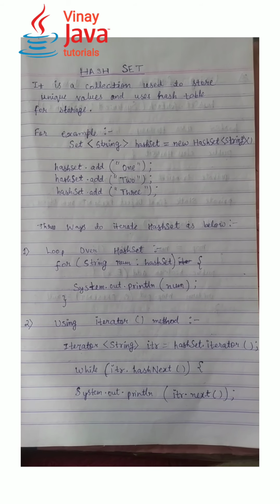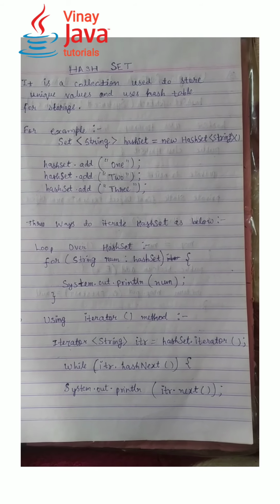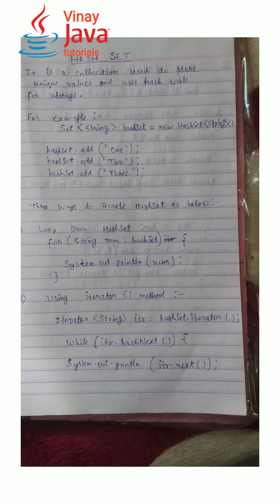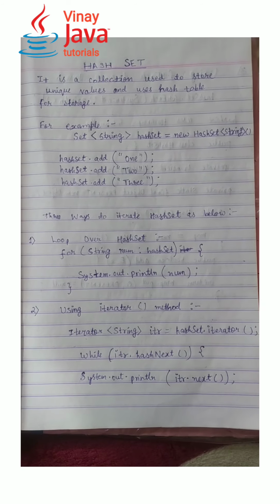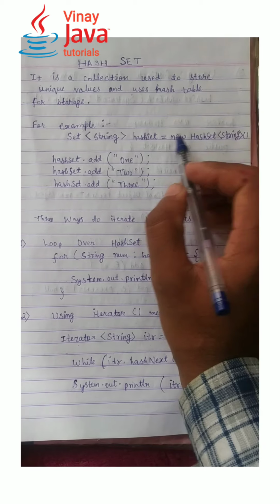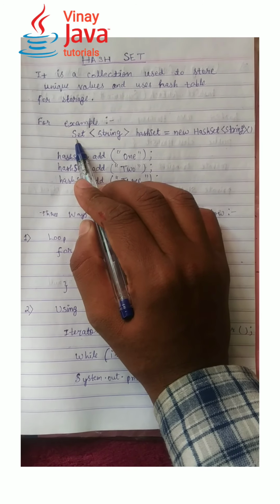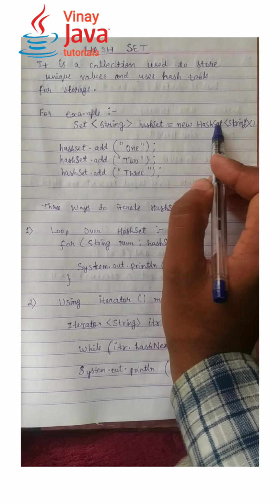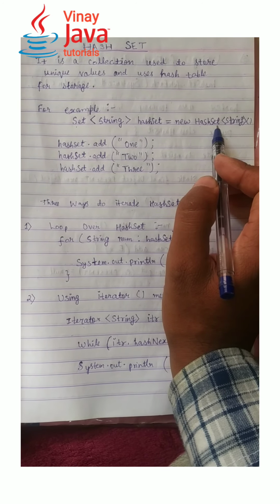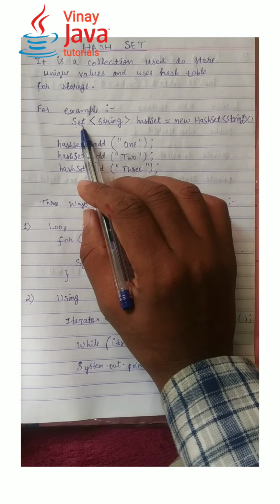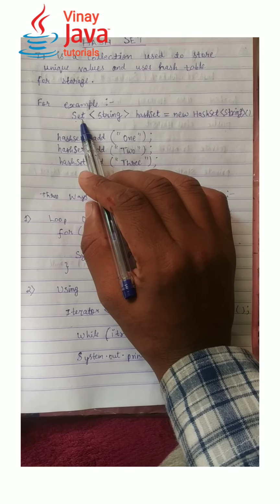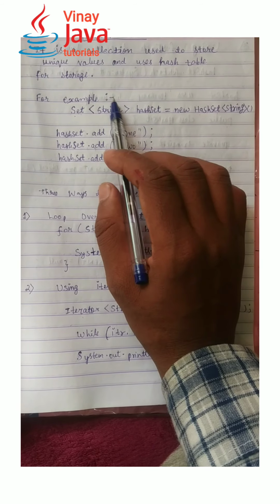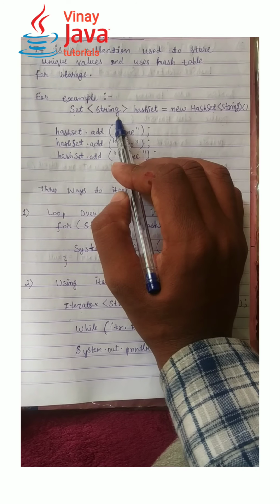Suppose for example I am creating a new hash set. I am creating the object here, set, which is the interface. This set interface is extended by my hash set class. I have created the set. Basically it will take only one type in the angle bracket.